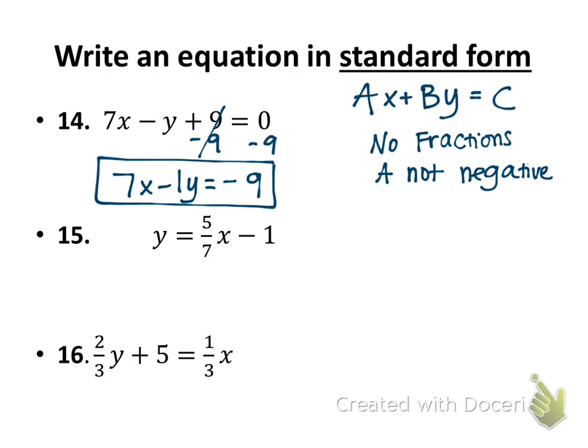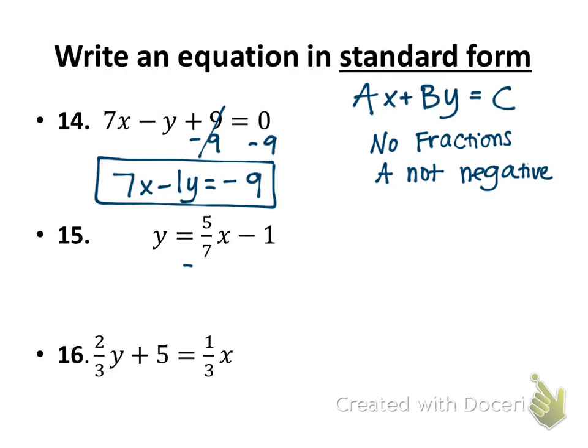So let's look at the next one. We're not solving anything, we're just writing the equation in the correct form. Okay? Y equals 5 over 7x minus 1. Which one of these terms is out of order? 5 over 7x. Because the y is on the correct side of the equals, and the negative 1 is on the correct side of the equals. But the 5 over 7x needs to be moved over to the other side of the equation. In order to move 5 over 7x, what do I have to do?